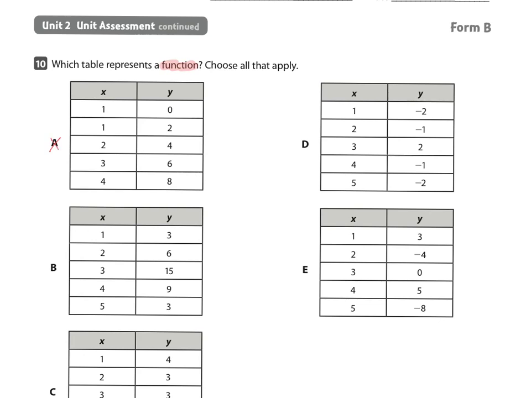So A is not a function, and your explanation will be because X equal 1 has 2 different outputs.